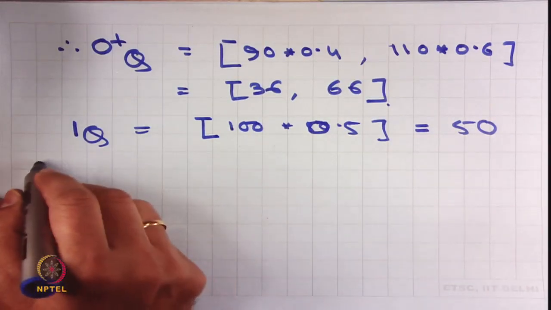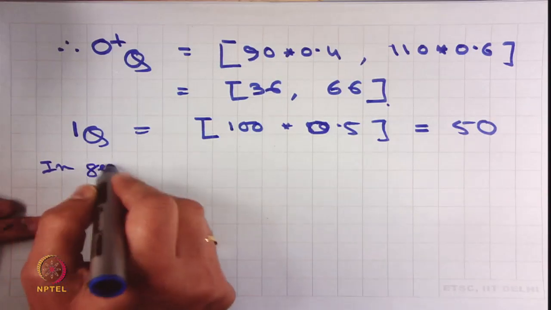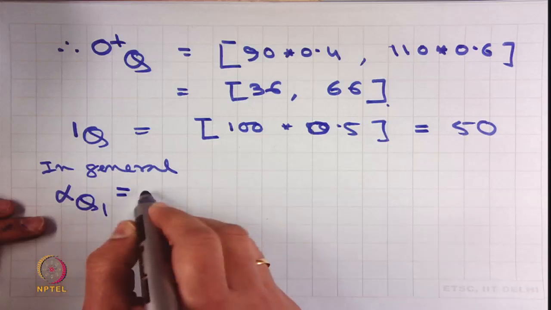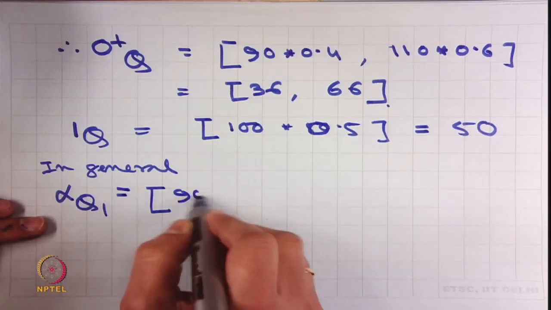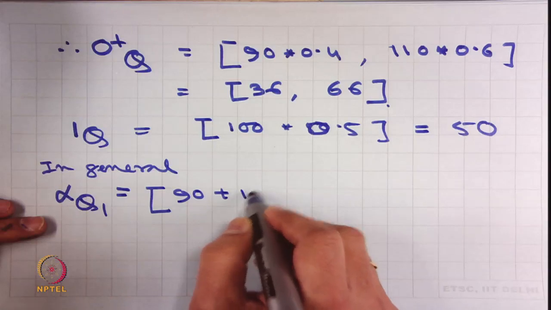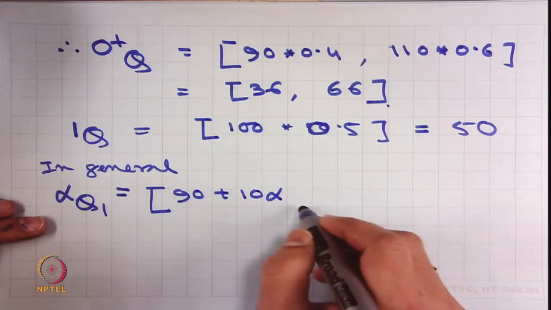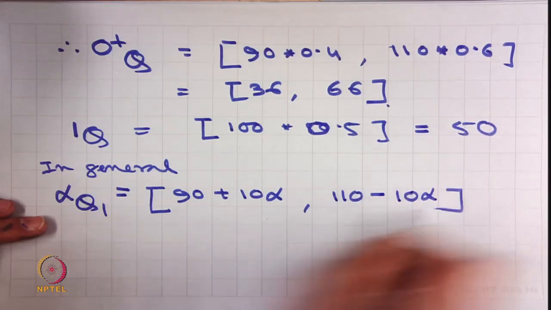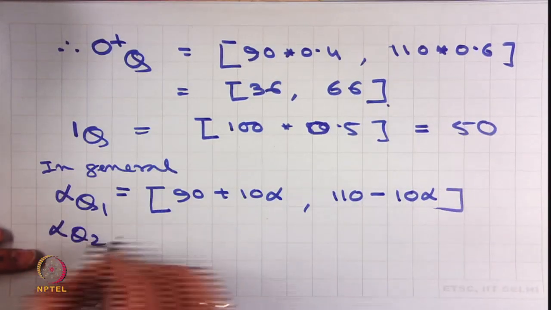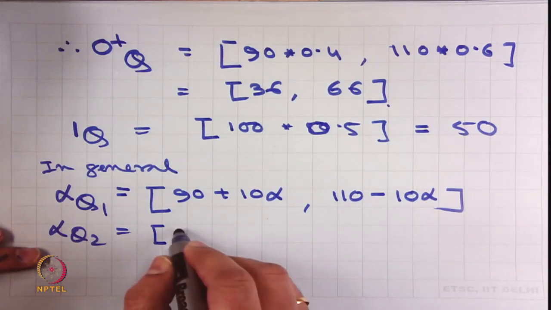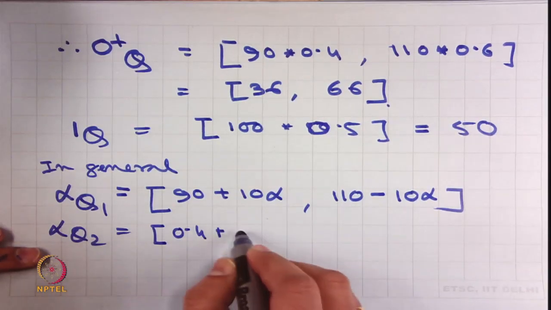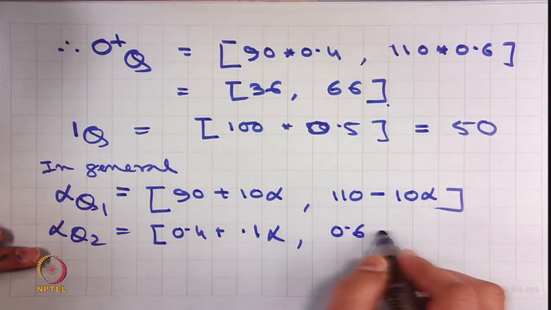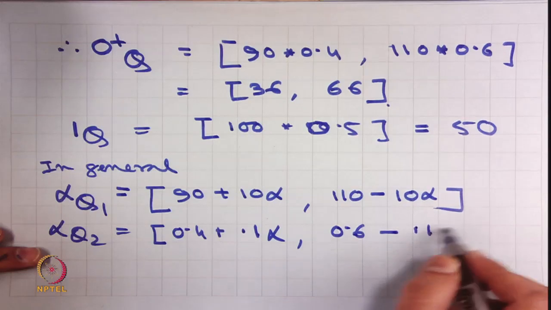In general, alpha q1 is equal to 90 plus 10 alpha to 110 minus 10 alpha. Alpha q2 is equal to 0.4 plus 0.1 alpha to 0.6 minus 0.1 alpha.